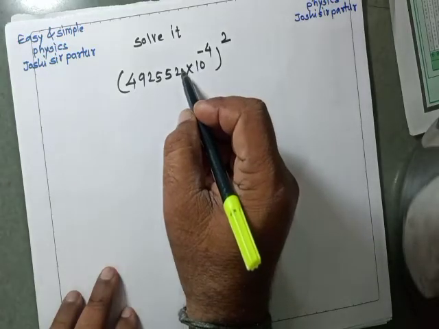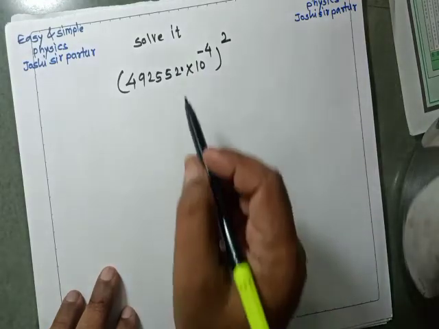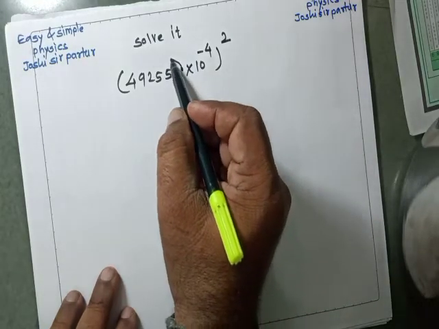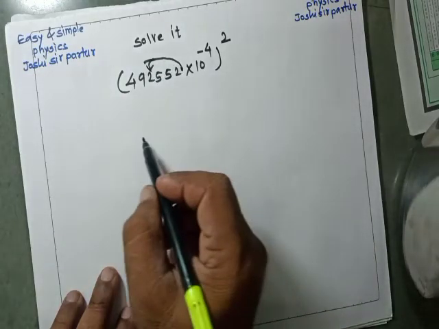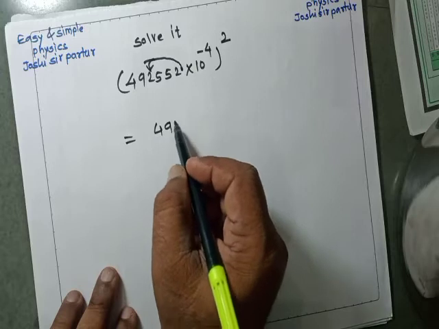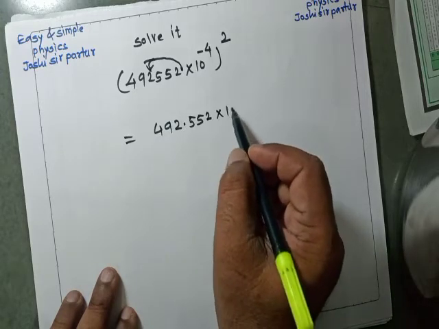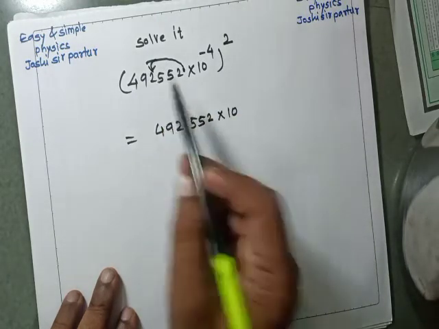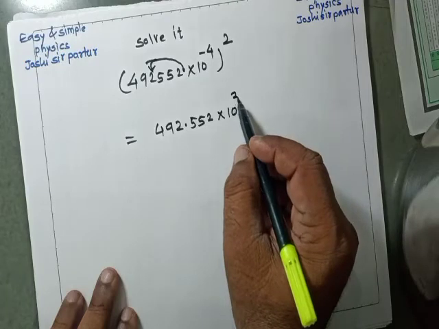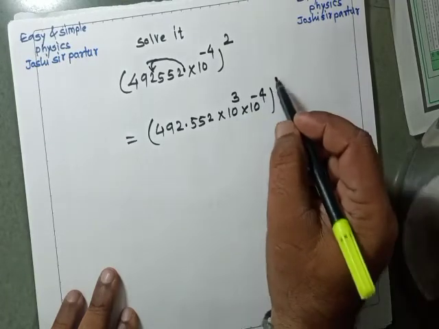If the decimal point is at the last number, then when the decimal point is shifted towards 3 digits, we can write it as 492.552 into 10 to the power, shifting how many decimals? 1, 2, 3. So 10 to the power plus 3 into 10 to the power minus 4 bracket square.